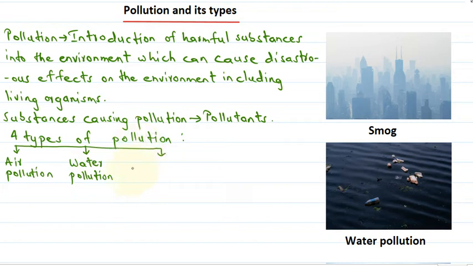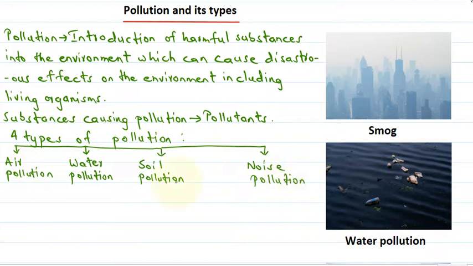Then there is soil pollution. And the fourth type is noise pollution. So these are the four types of pollution. Now let's understand each type one by one. First we'll start with air pollution.